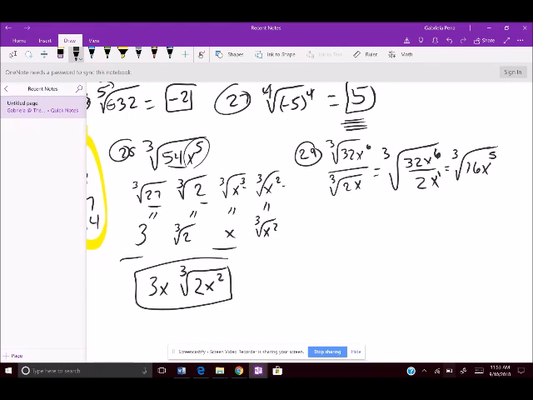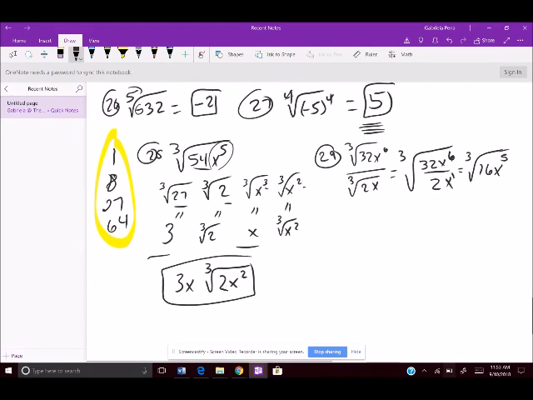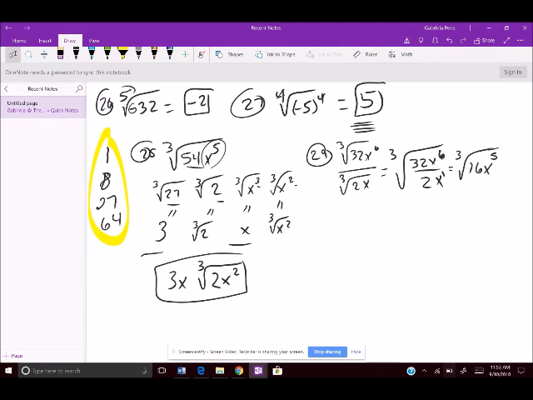So can I take the cube root of 16 using one of these numbers on the side? Yes. Which one? The cube root of 8 times the cube root of 2 times the cube root of x to the 3rd times the cube root of x squared. Cube root of 8 becomes 2.